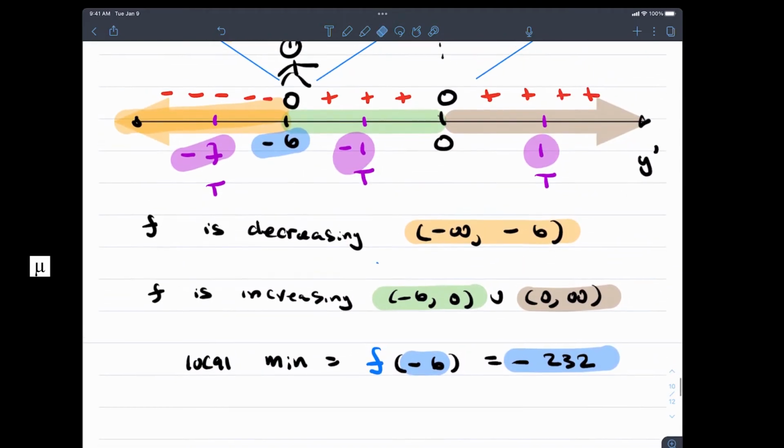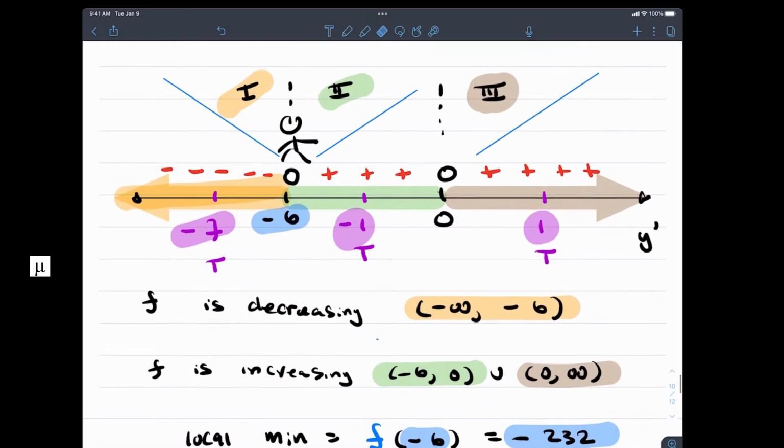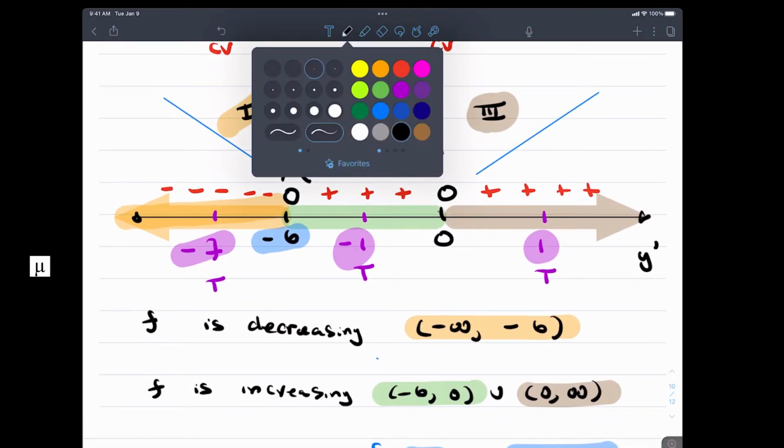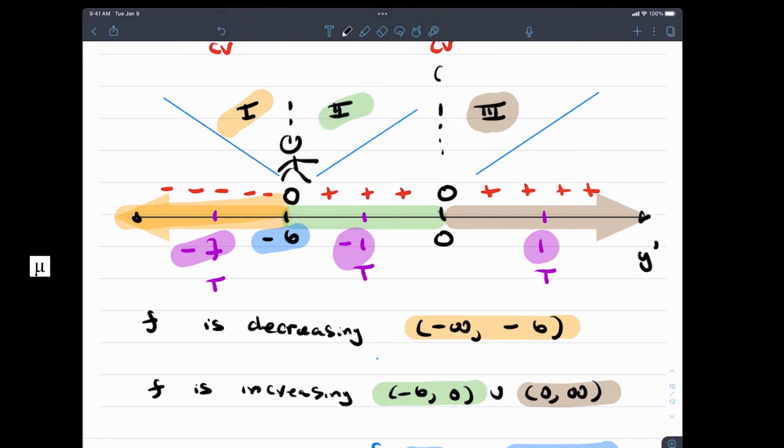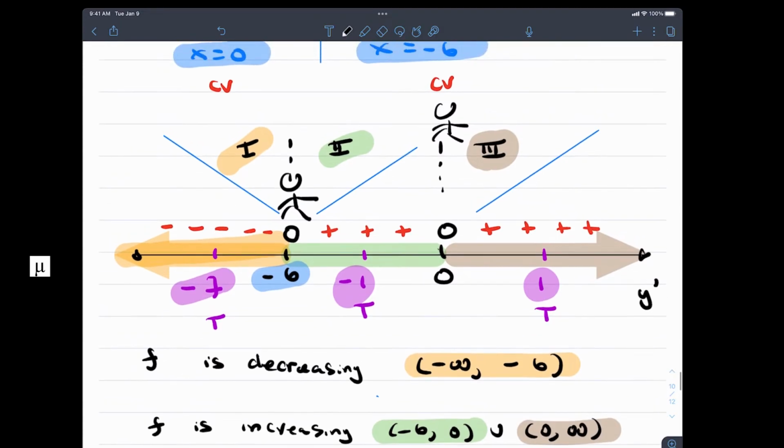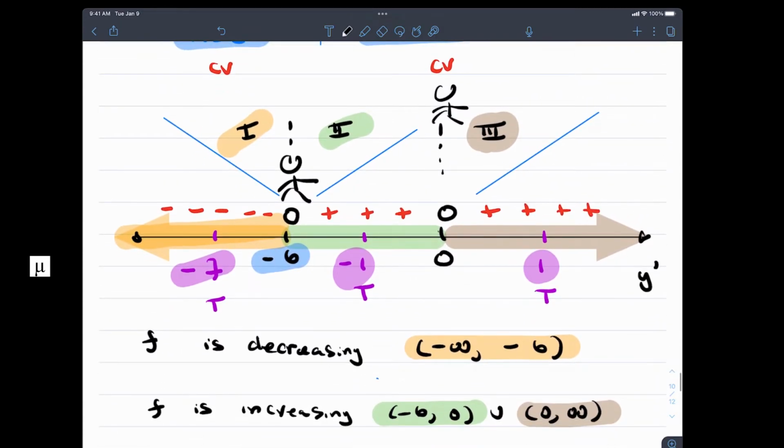Is there a local max? Say no. You say, but Mr. Judge, I'm standing over here. And I'll tell you, you're not standing on top of a hill. You're standing at a cliff. Okay? You're standing at a cliff here. Extremely important detail.